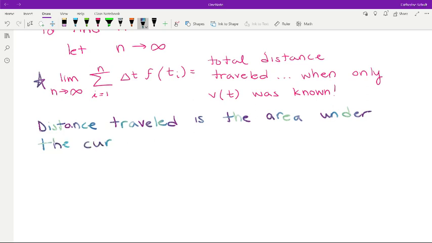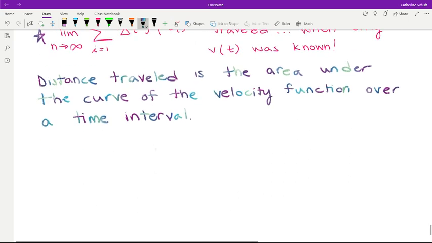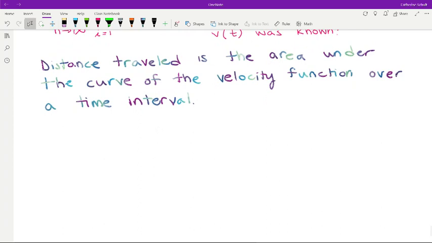The distance traveled is the area under the curve of the velocity function over a time interval. Okay, so that's one of our applications of area under the curve.